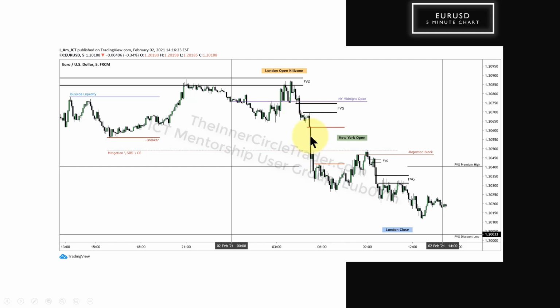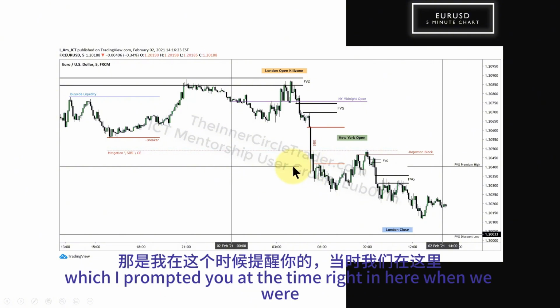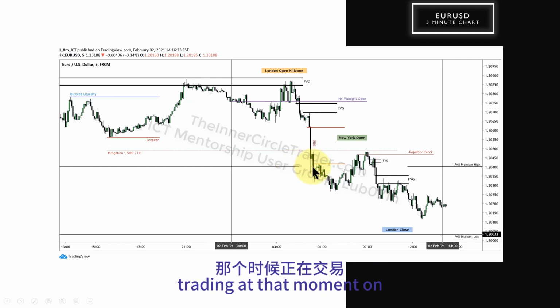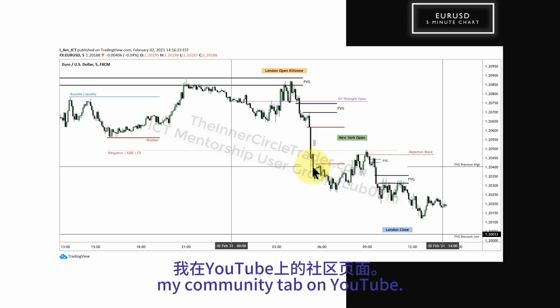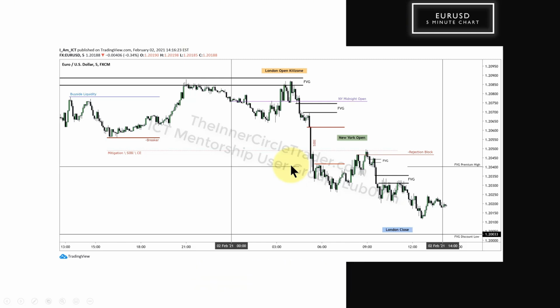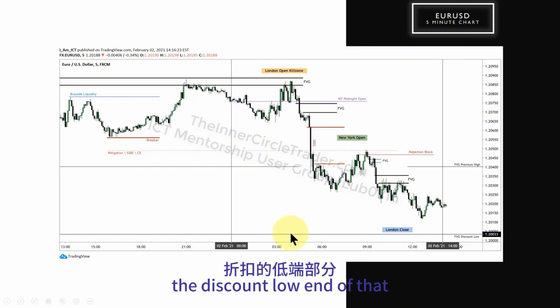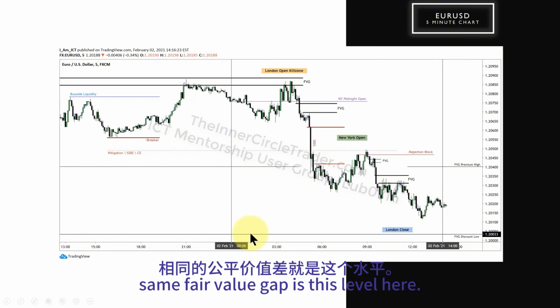It breaks lower, pausing in this area here, and then taking a deep dive into our 120.40 level, which I prompted you at the time, right in here when we were trading at that moment, on my community tab on YouTube. This level here is that daily fair value gap on Euro, the premium high end of it. The discount low end of that same fair value gap is this level here.